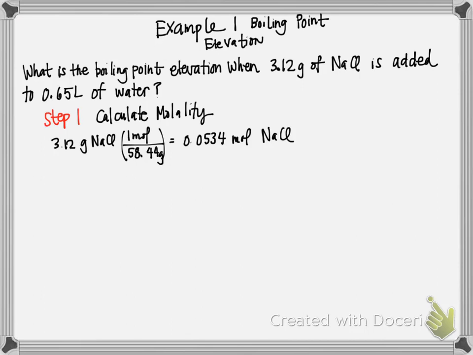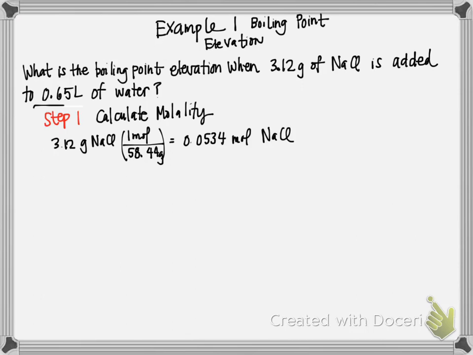We can calculate molality based on the number of grams of NaCl we have. We have 3.12 grams of NaCl, and we can divide it by the molar mass of NaCl, which is 58.44 grams per mole, to get 0.0534 moles of NaCl.